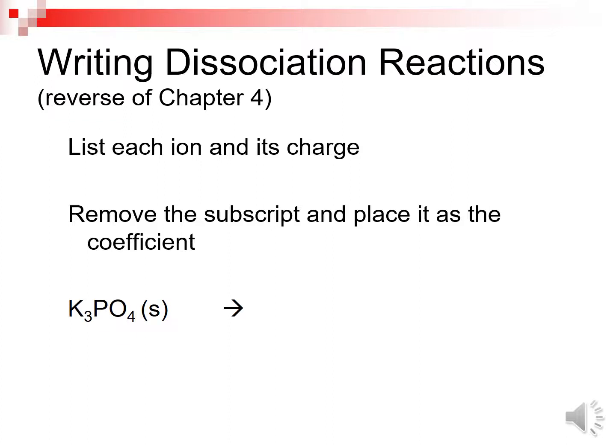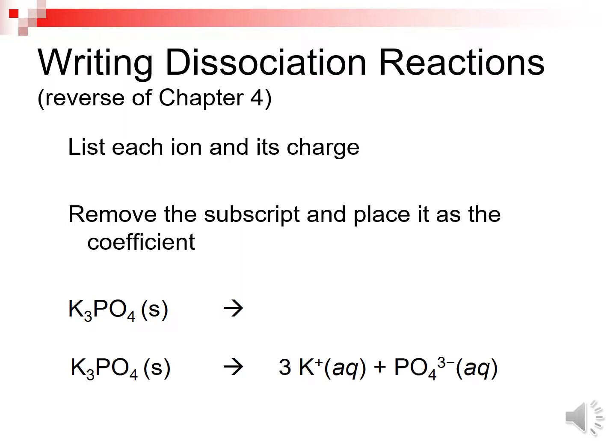So for example, K3PO4 solid, when it dissolves in water, breaks up into 3 K+, now aqueous (aq), and 1 PO4 3-, which is also aqueous. And so we see that the subscript 3 on the K became the coefficient 3 in front of K+ when we wrote it as a dissociation reaction. PO4, being a polyatomic ion, does not split up into separate ions, and so we do not write the PO4 as separated because it's polyatomic.